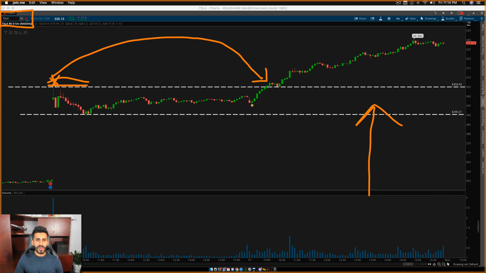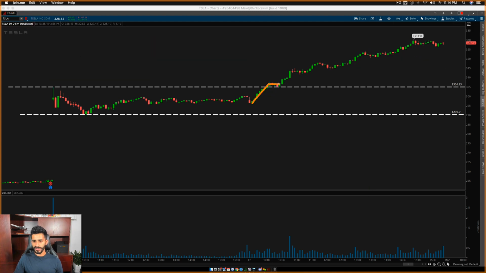That is going to increase buying pressure, and that buying pressure will allow the stock to go from 290 all the way to 330 in a single day. And you can see simple price action: run up, consolidation, run up, consolidation, run up, pull back, run up, consolidation, run up, consolidation.